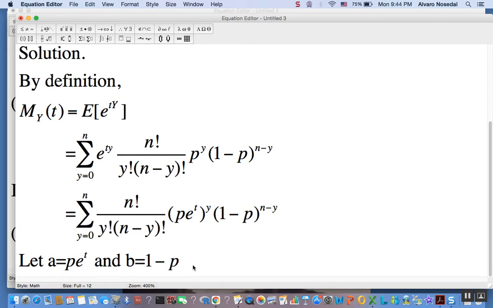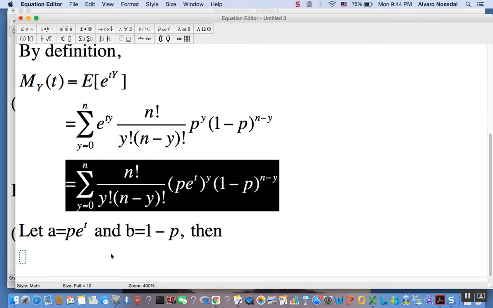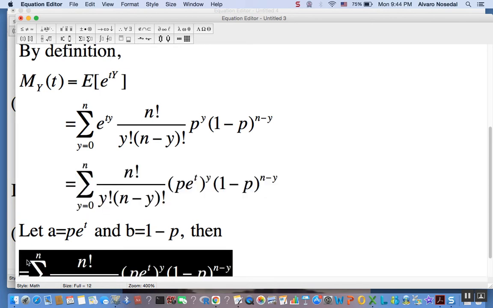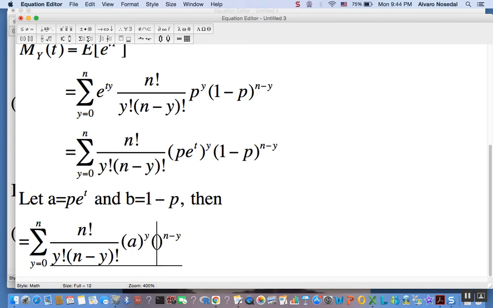Let's relabel what we have there. Then what we have here is A and B.